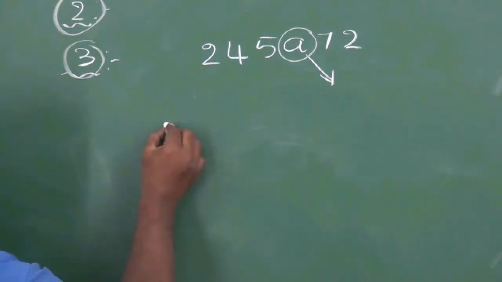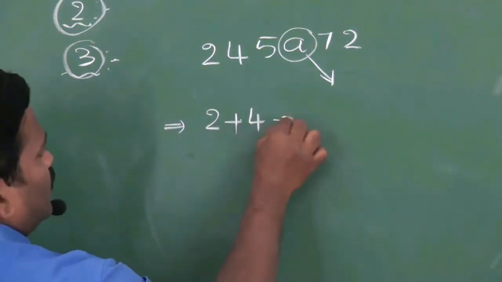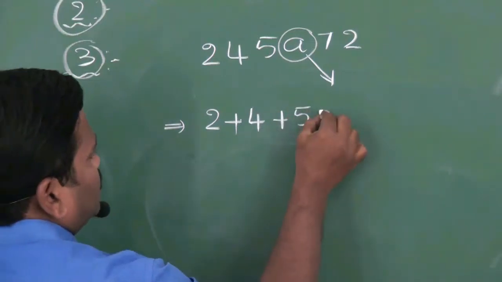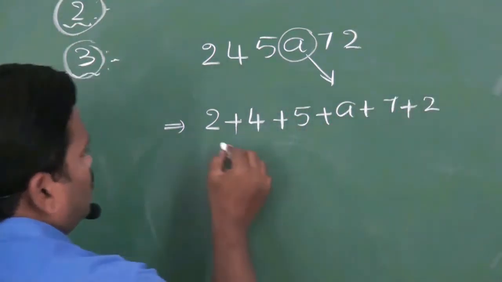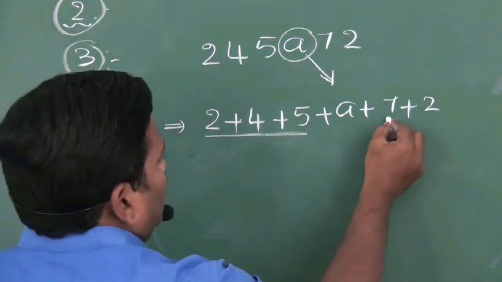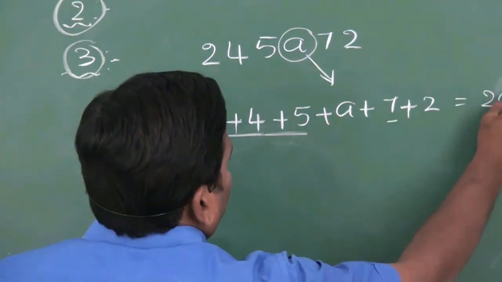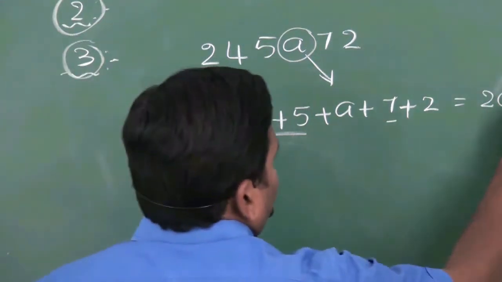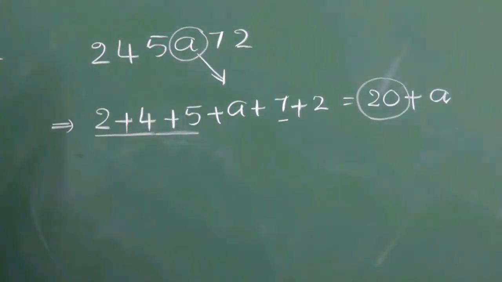Just add all the digits. 2 plus 4 plus 5 plus A plus 7 plus 2. This is 6, 11, 18, 20. 20 plus A. 20 is not divisible by 3.